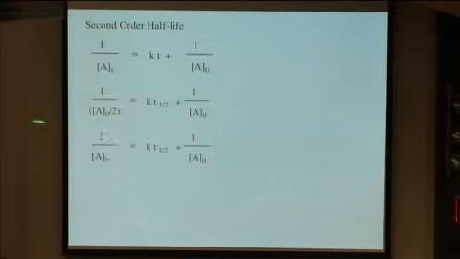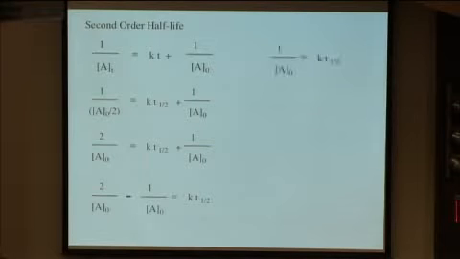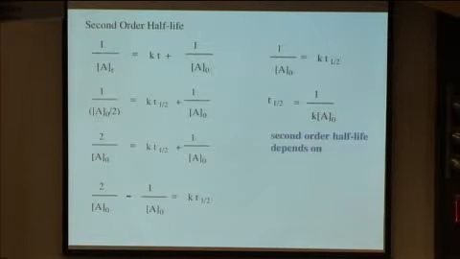We can bring the 2 up here, and combine our concentration terms on the side. So we take 2, we bring this over, minus 1, and that simplifies to 1 over the concentration of the original material here. And now we can solve in terms of the half-life. So the half-life for a second-order process equals 1 over k times the original concentration of the material.